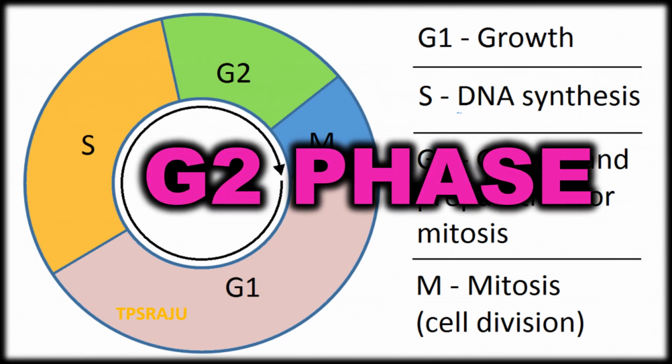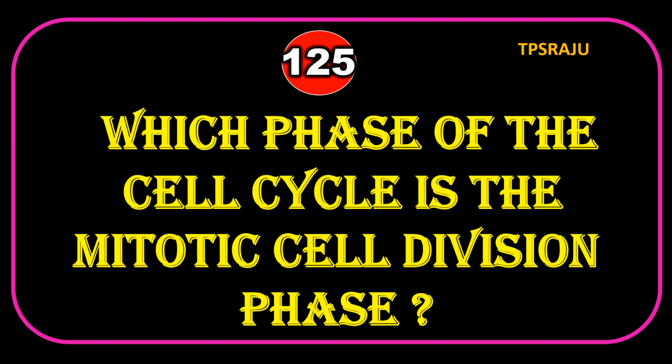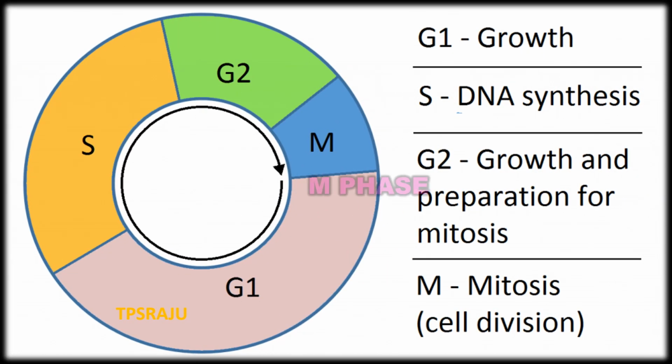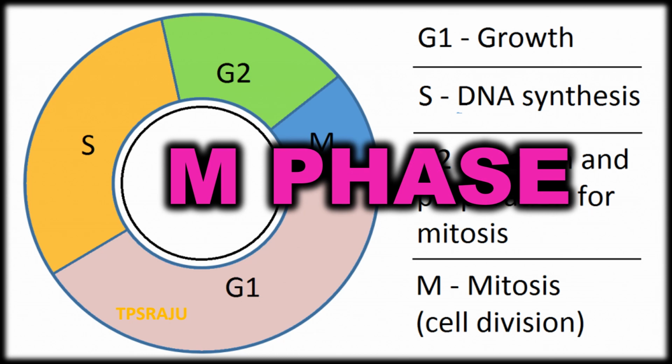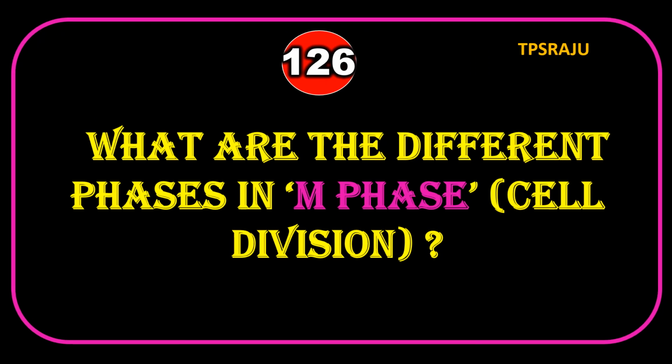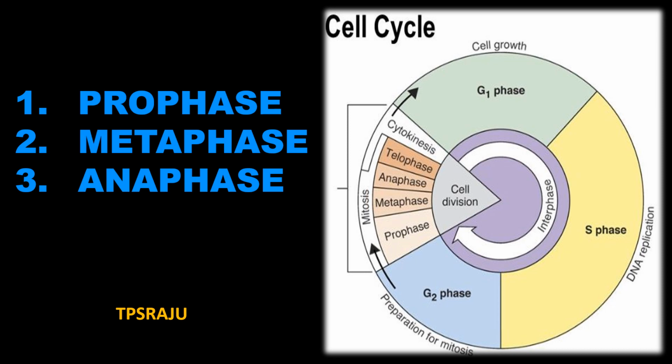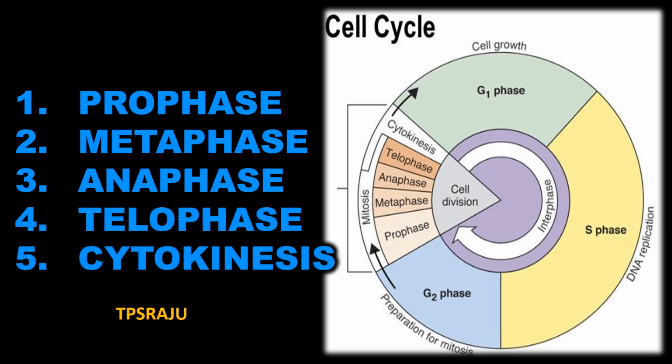G2 phase. Which phase of the cell cycle is the mitotic cell division phase? M phase. What are the different phases in M phase? Prophase, metaphase, anaphase, telophase and cytokinesis.